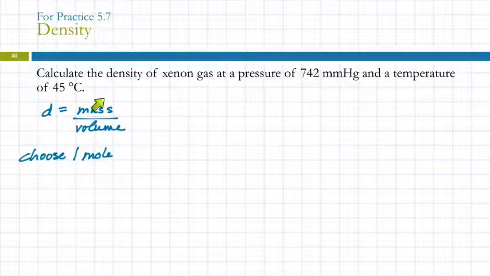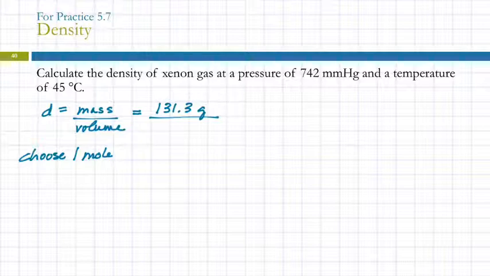So what I need is the mass of 1 mole and the volume of 1 mole. Well, the mass of 1 mole is easy. Xenon is a noble gas, it's not diatomic. So we just look at the periodic table and we see that 1 mole weighs 131.3 grams. That's the mass of 1 mole of xenon gas.